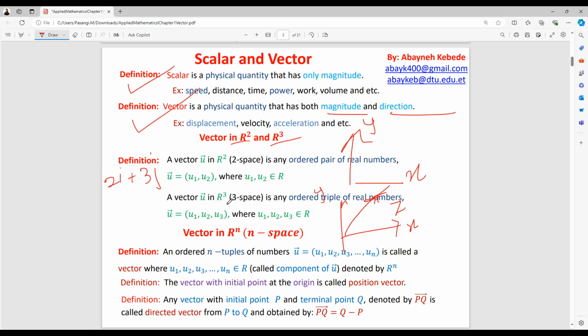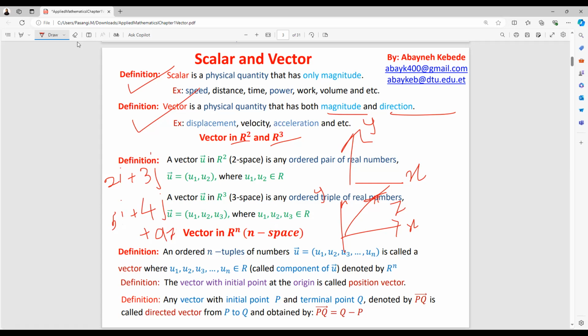But if it's in R cube, a cubic space, then there should be three. For example, 5i plus 4j plus 9k. Like this, there should be three real numbers. Is it clear?